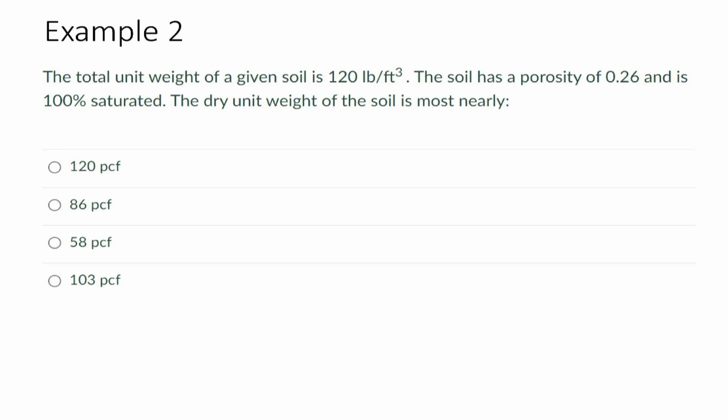So again, you can pause the video and try to work on the problem for a couple of minutes, and we'll be back. Okay, so now we're back. First of all, let's try to summarize all the givens. We have gamma is 120 PCF.